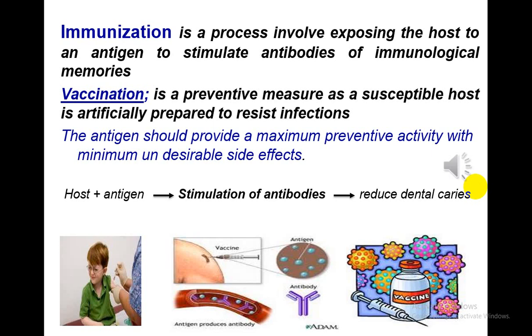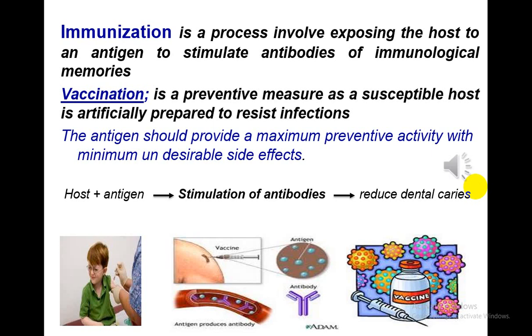Then in the 60s of the last century, the mutans streptococci became the target in the experiments, and they prepared antigen from these bacteria for stimulation of oral antibodies.